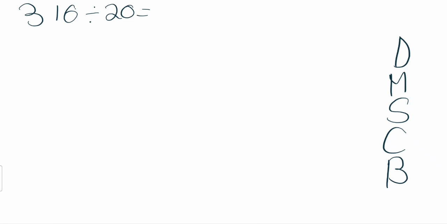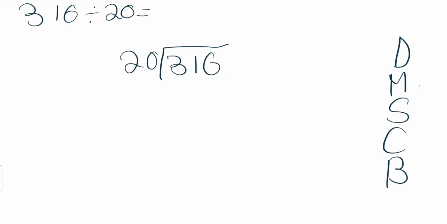So this actually stands for dividing, multiplication, subtraction, checking, and bringing down. First, we're going to do our division sign, and we'll write our divisor outside, which is 20, and our dividend inside, which is 316.